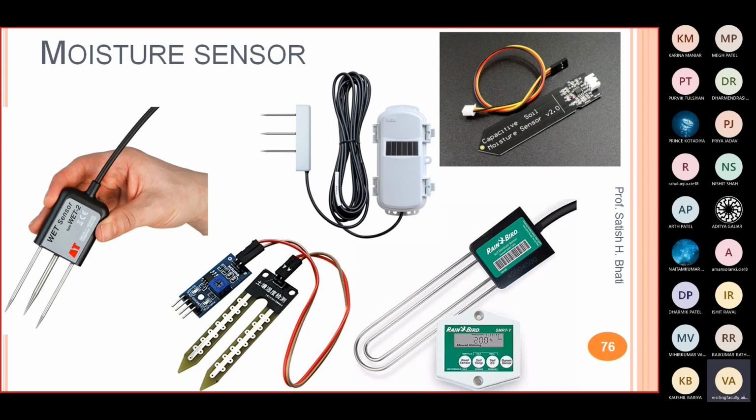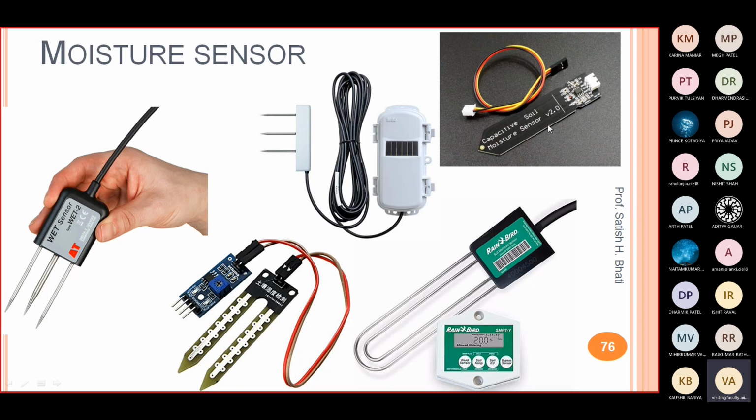You can see in the figure, right, different moisture sensors, soil moisture sensors. You can see some have three terminals, some have two terminals like this construction, if you see, right?